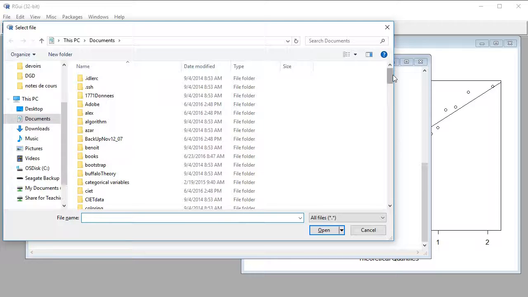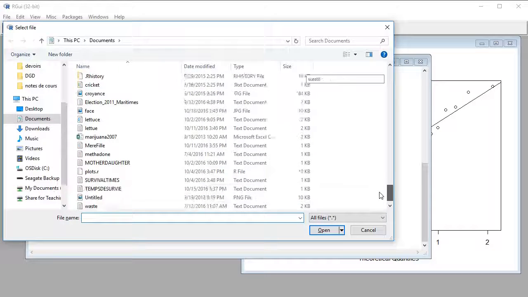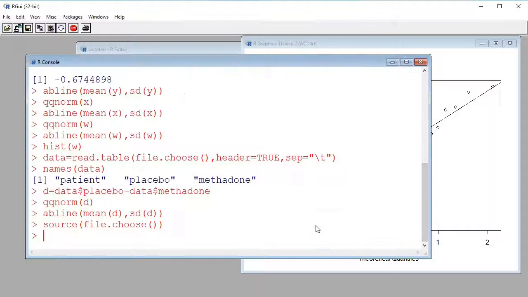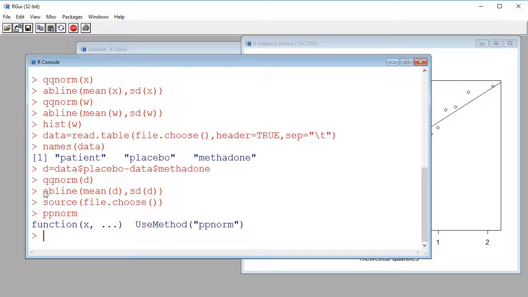In my documents, I have a file called plots.r. So I find it. And then in this file, I'm going to have a function which is called ppnorm. And if you properly source the file, you'll see the following output. So it says function x, use method ppnorm. This means that we now have access to the function called ppnorm.